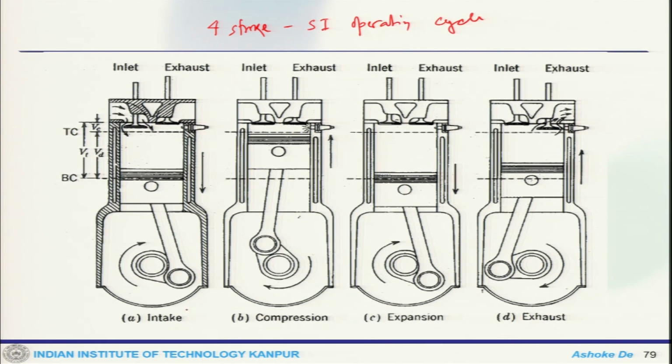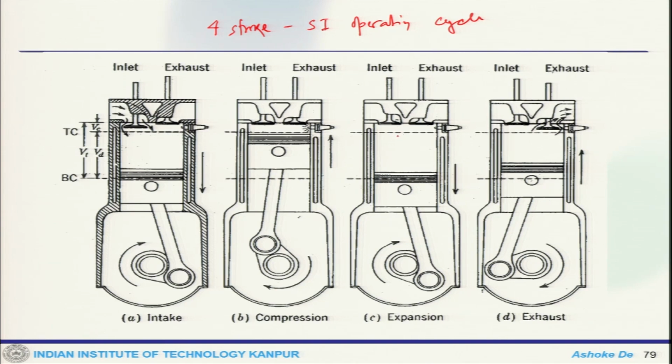Now, first is the intake stroke, that means the piston comes down. So, this valve opens and air comes in, rather a mixture comes in, so the volume increases here. Then it is compressed, and towards the end of this compression you ignite that through the spark.